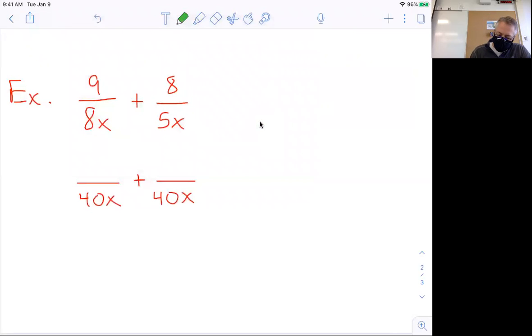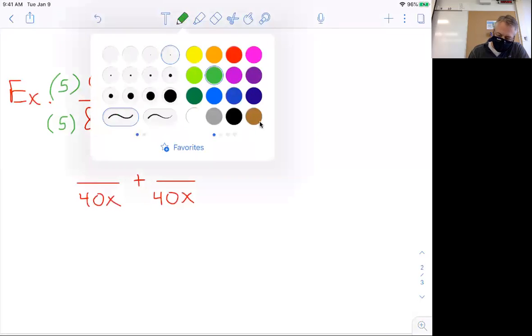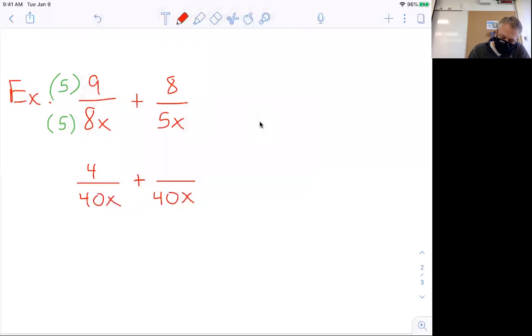So now I figure out what do I multiply 8x by to make it 40x? I would multiply by 5. So there I'm multiplying the bottom by 5, so I have to also multiply the top by 5. And so 9 times 5 is 45.